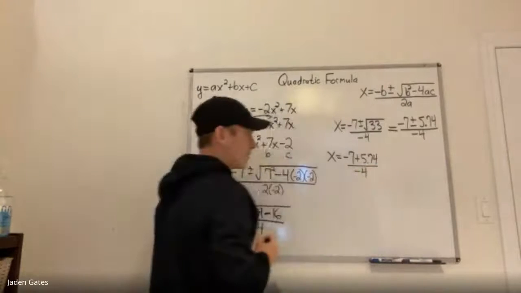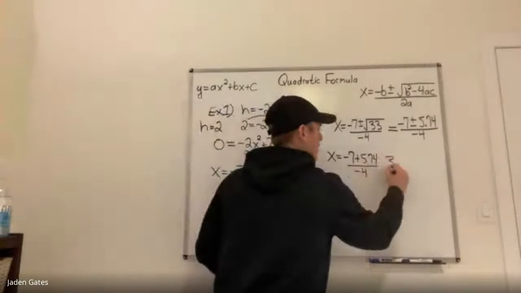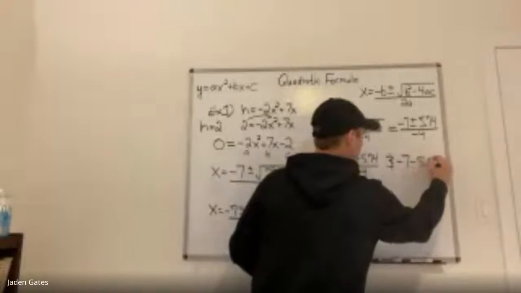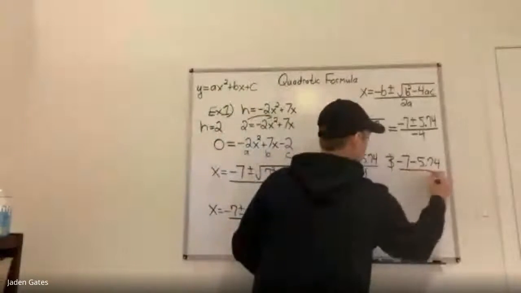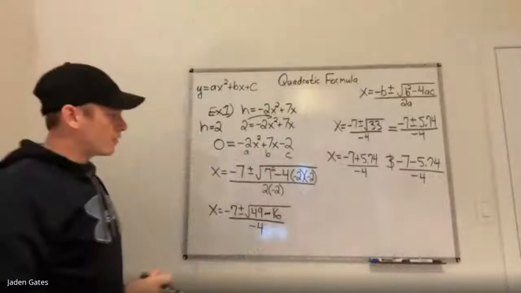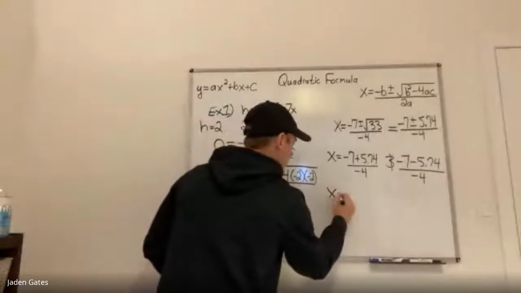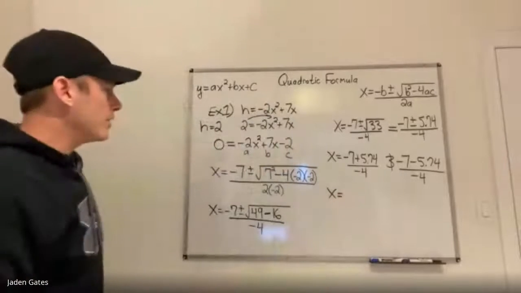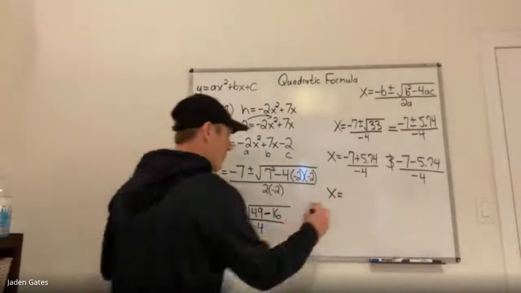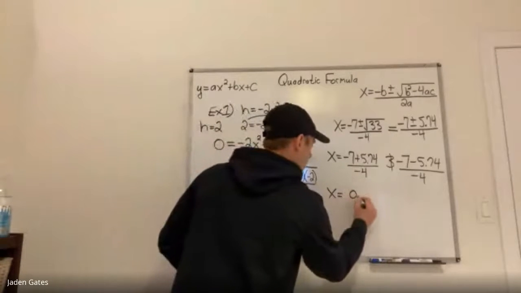That's going to give me one answer. For my second answer, I'm going to take -7 minus 5.74, and again, the last thing I'm going to do is divide by the -4. All right, and so for my first answer, -7 plus 5.74, then divided by -4, I get 0.32.